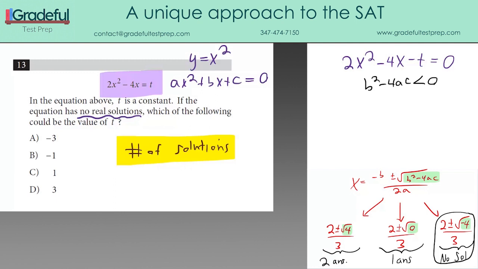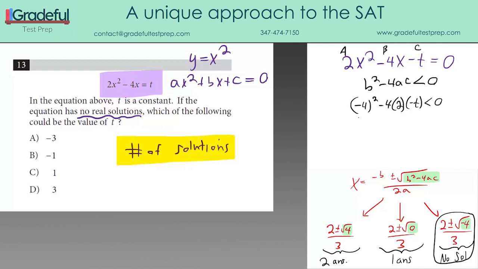It's less than 0. Now, by the way, when we subtracted t from both sides to get 0 on one side, we saw that the a was 2, the b was negative 4, and the c, as weird as that is, negative t. So let's plug that into b squared minus 4ac is less than 0. That's negative 4 squared minus 4 times a, 2, times c, negative t, is less than 0.